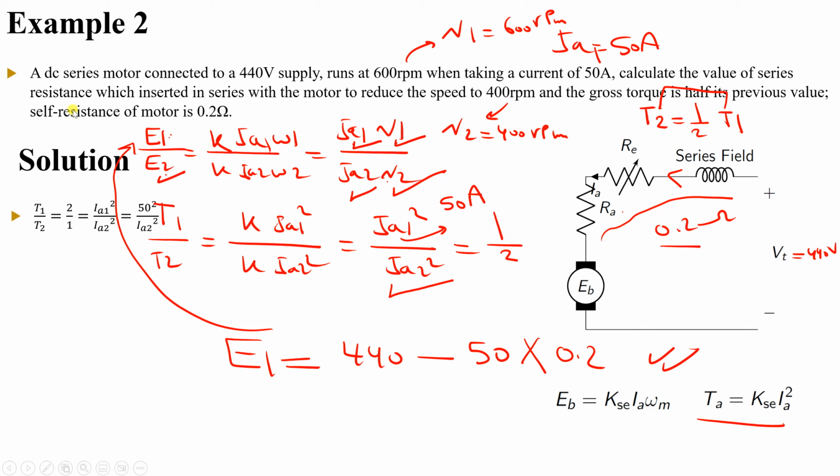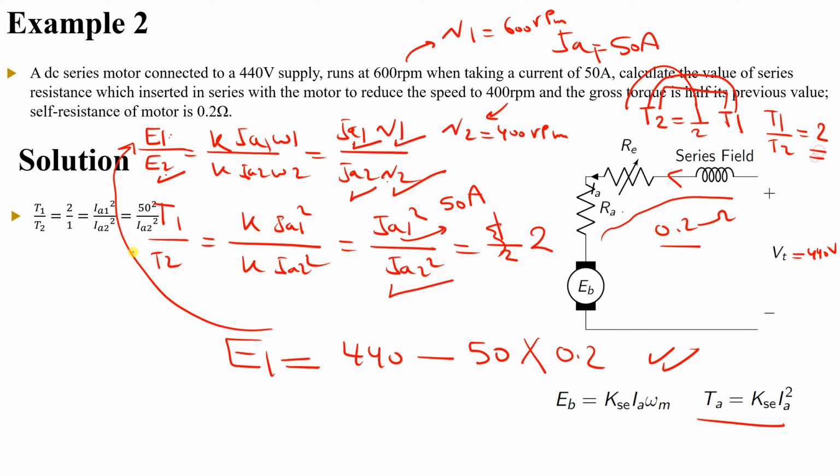So as you can see, T1 over T2 equals half. Sorry, it will be equal to 2, because torque number 2 is reduced to half. Why? Because T1 over T2 equals 1 over half, which gives us 2.